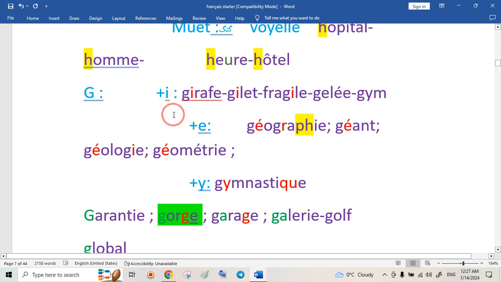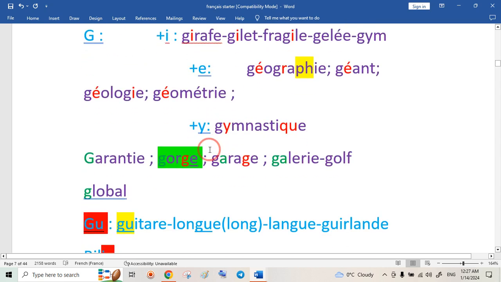You must pronounce this soft G because you have E, I, or Y after it. Here again, géographie. Géant, giant. Géologie, geology. Géométrie, geometry. Gymnastique, the same. Gymnastique is a kind of sport.